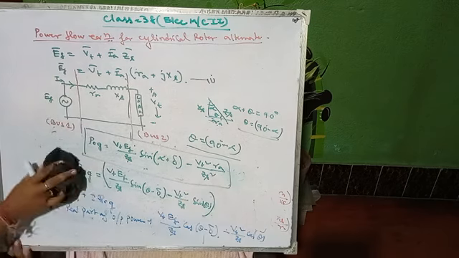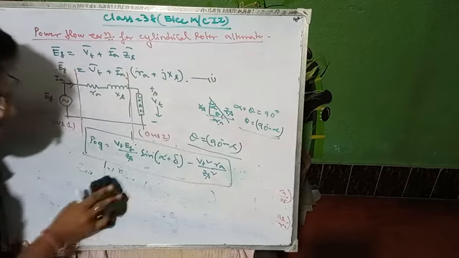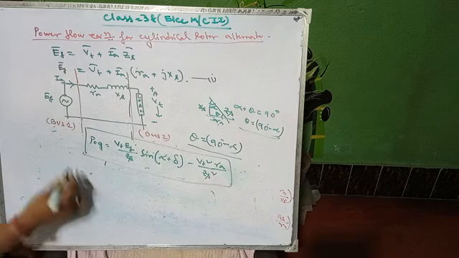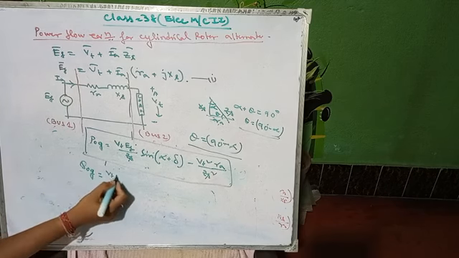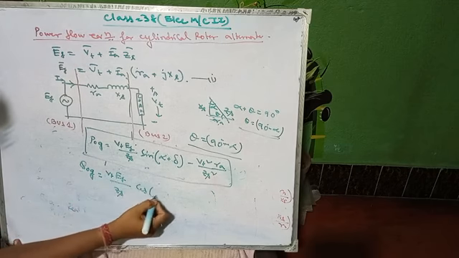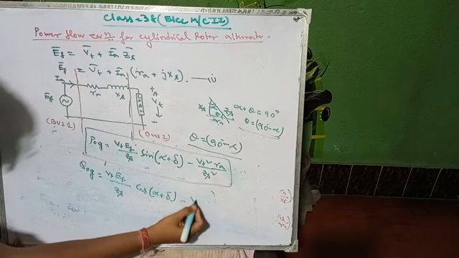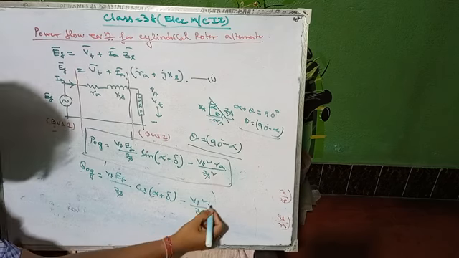Okay, POG equals this equation. Similarly, QOG can be written in the form of Vt into EF by Zs cos of alpha plus del minus Vt square by Zs square into Xs, right?